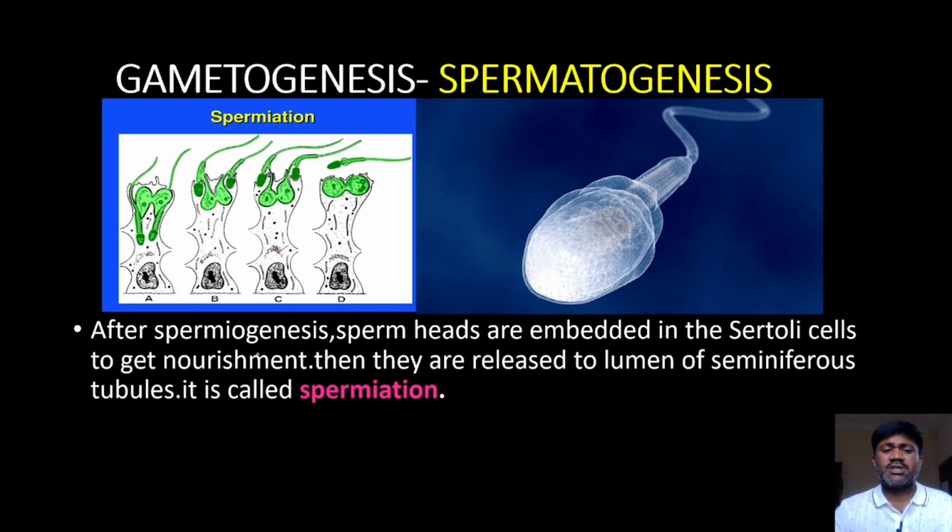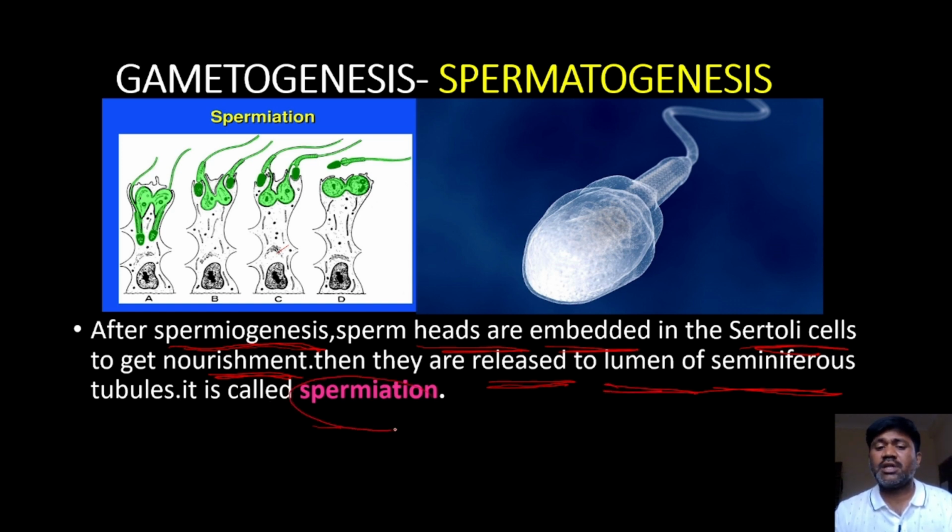After this spermatid formation, the sperms keep their heads embedded in the Sertoli cells, and they get nourishment, the food, and then they become completely matured. Then where are they released? Into the lumen of the seminiferous tubules.